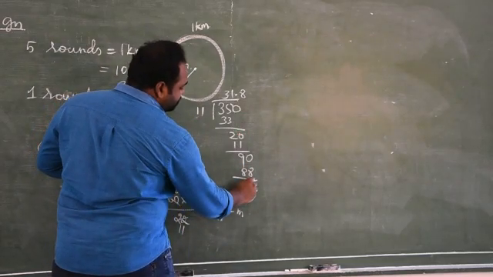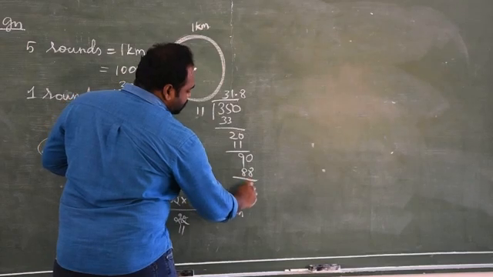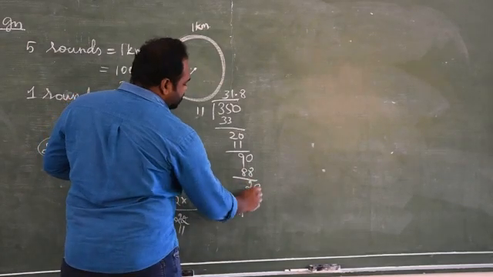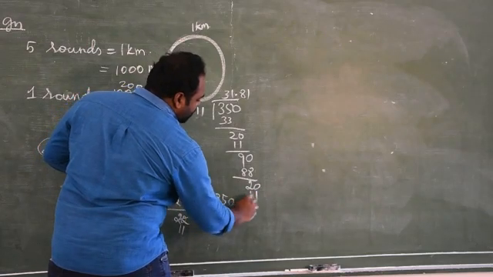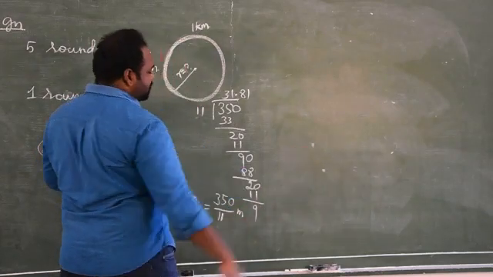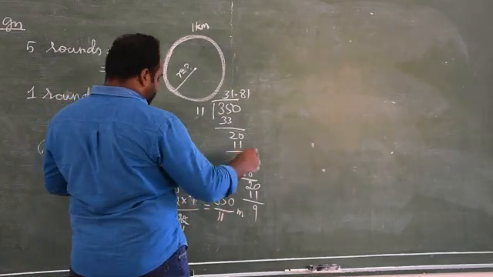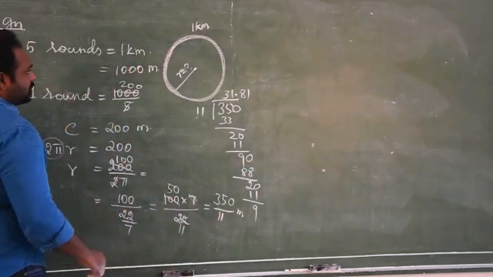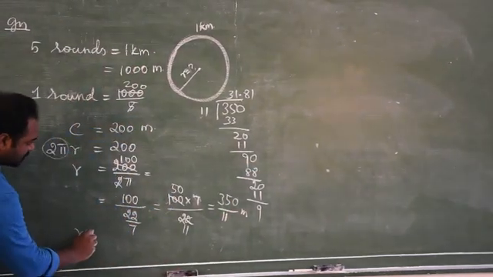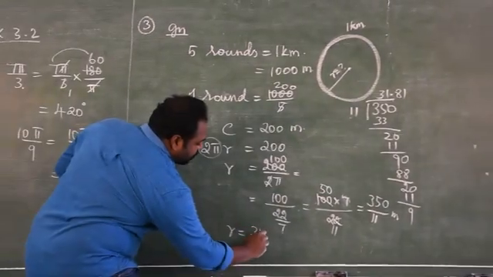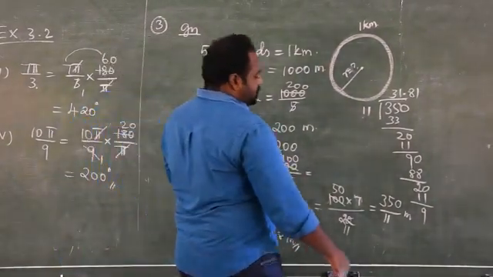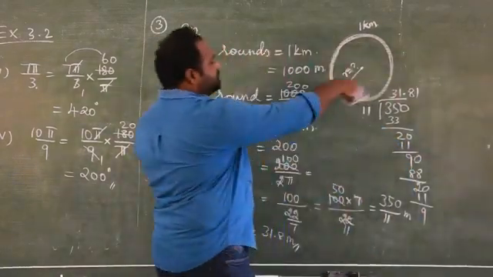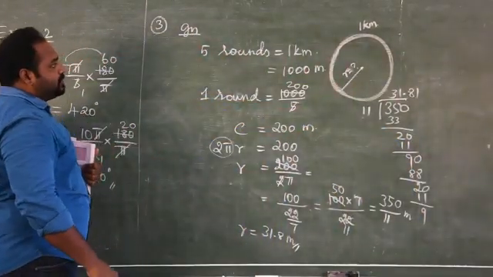Then this 2. Once again we can add 0. 1 time 11. This 9. Once again it will go on like this. So we can round off this answer. So radius equals 31.8 meters, the radius of this circular ground.